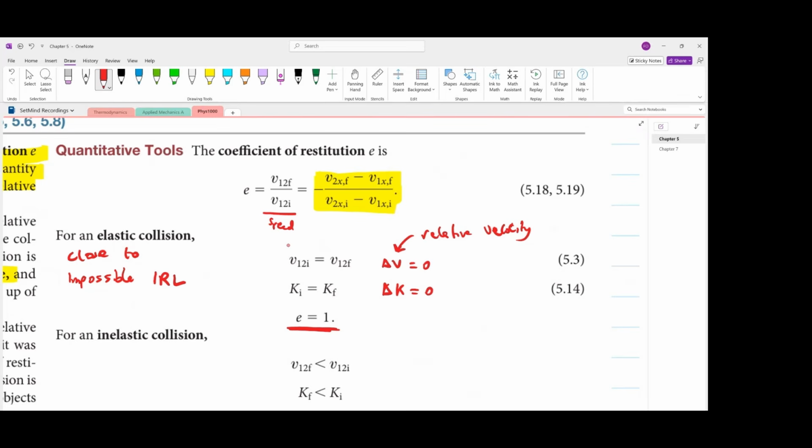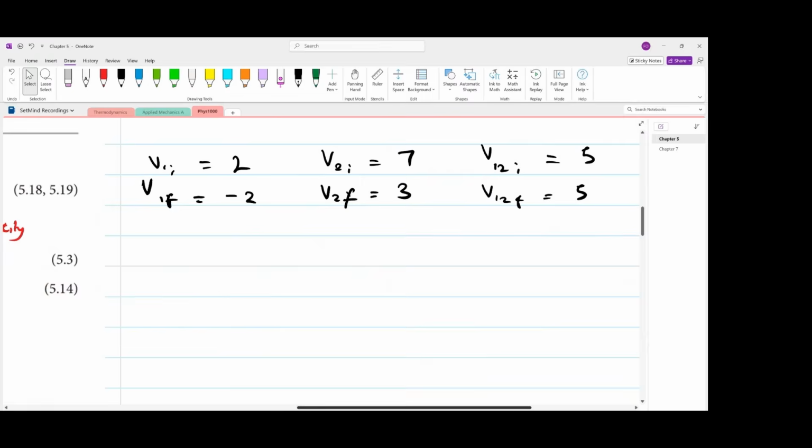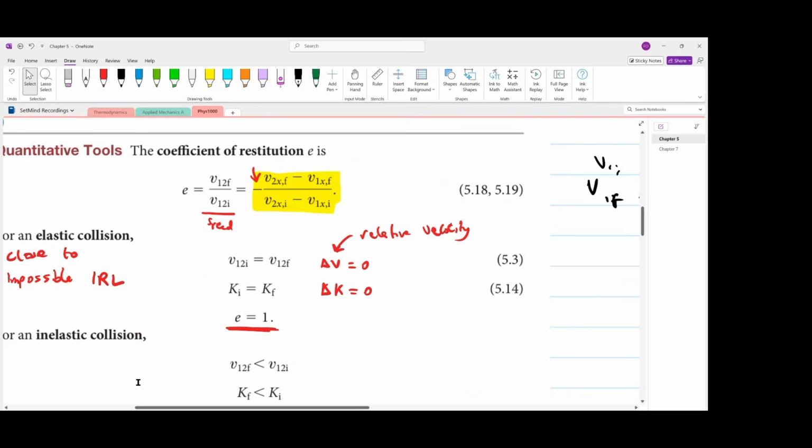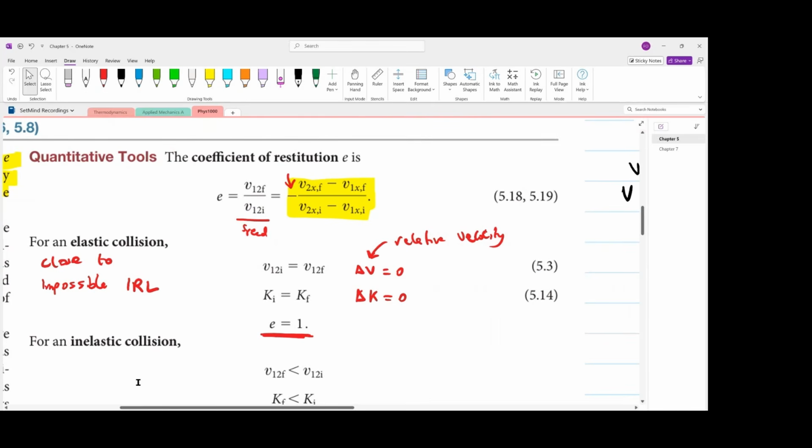But when you look at it in terms of velocity, you have to add that negative there. So if we're looking at this as velocity, this should be negative 5, but we're looking at it as speed. Because what actually happens in an elastic collision is the velocity is reversed after a collision, but it is the same in magnitude.